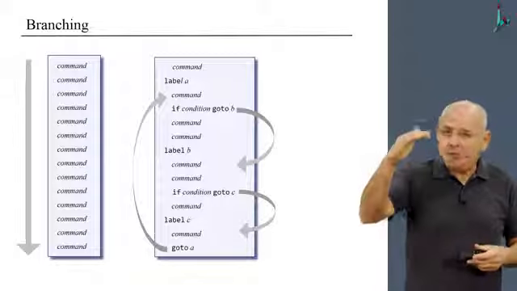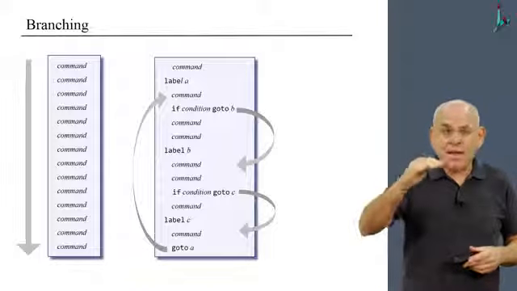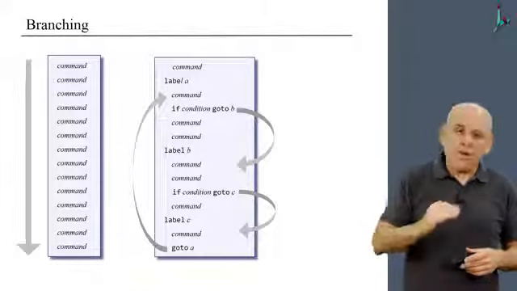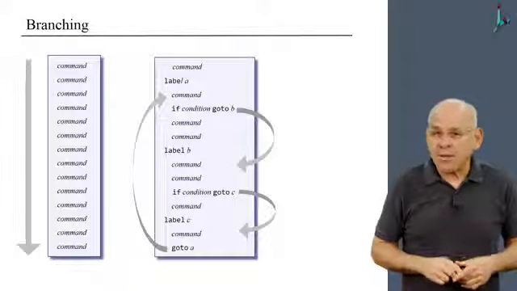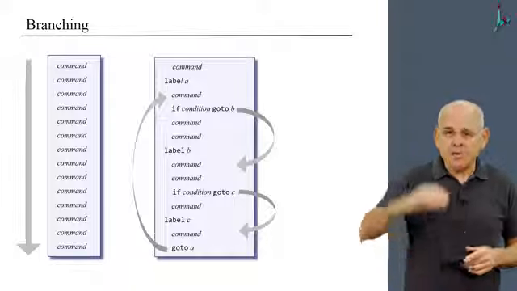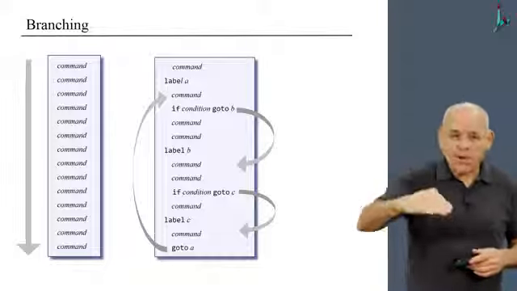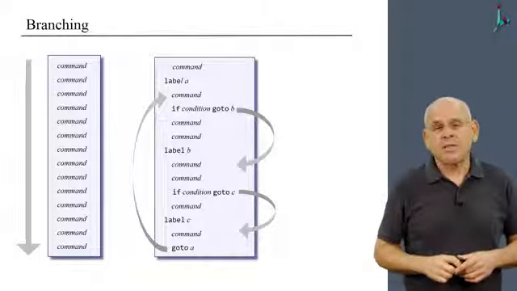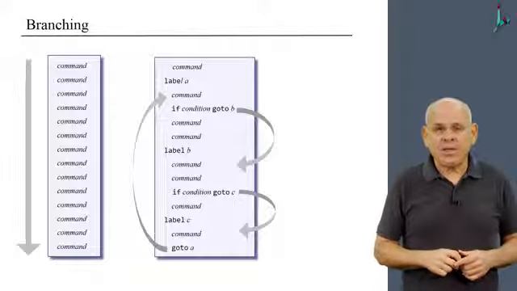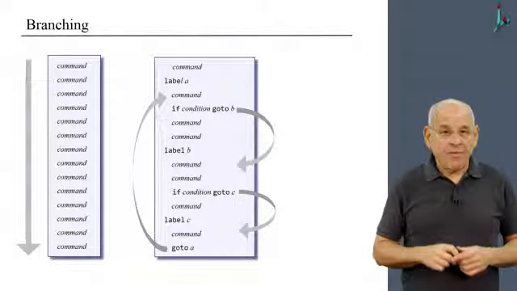So the program can progress linearly, and then all of a sudden there's a go-to, and we continue the program from some other instruction, and the go-tos can go forward, they can go backward. If we go both forward and backward, we can implement loops. So this branching gives me a lot of flexibility.